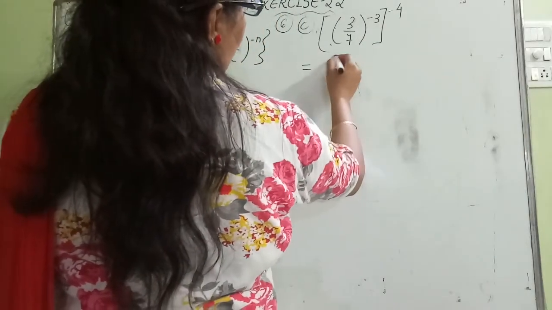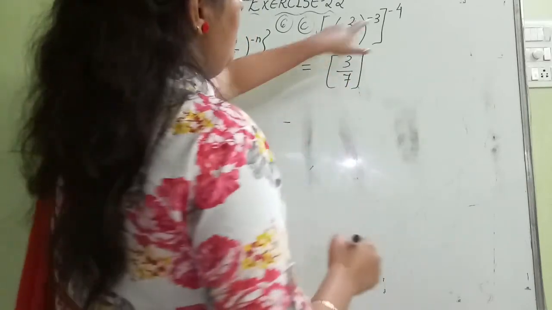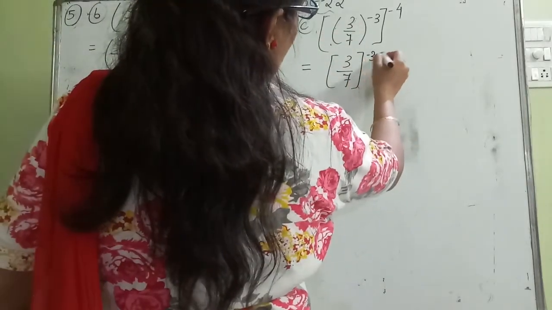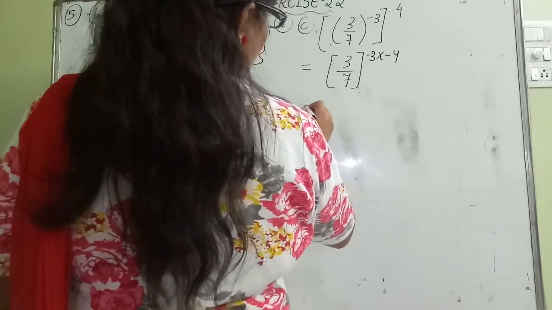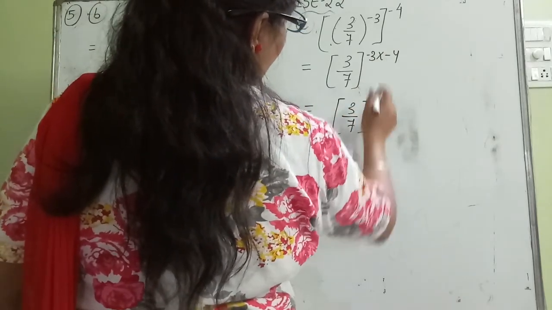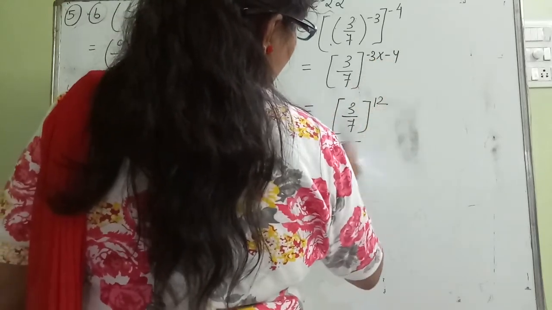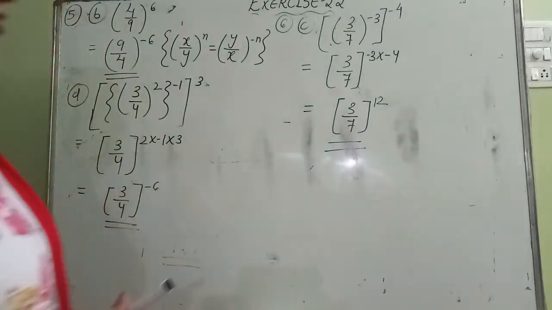This will be equal to 3 by 7 raised to the power minus 3 into minus 4. This will be equal to 3 by 7 raised to the power 3 4s are 12, and minus into minus will be plus. This will be the answer.